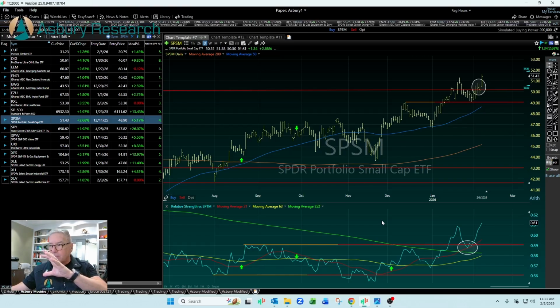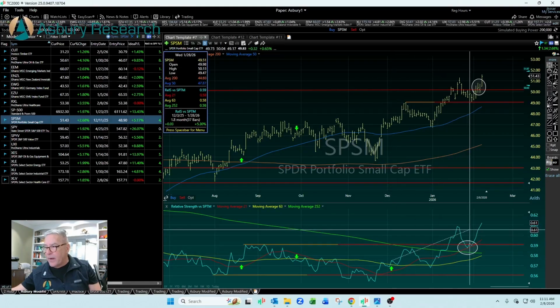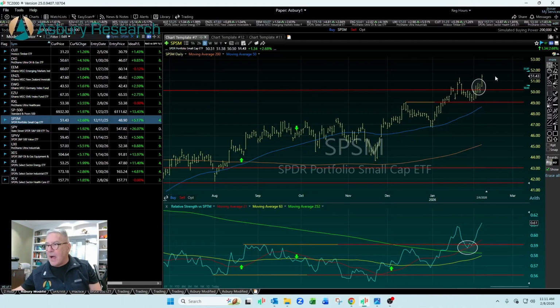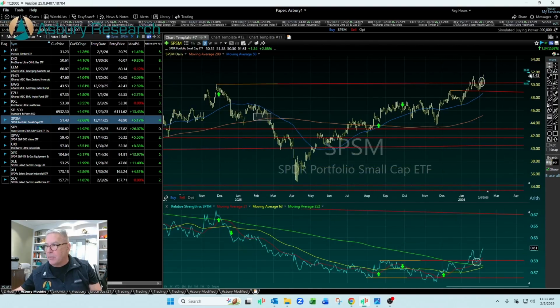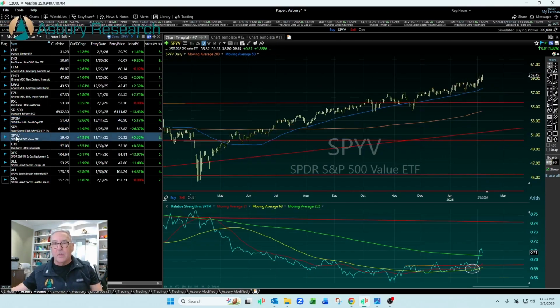So this has been outperforming, green arrow down here. It's outperformed the S&P since 12/3 by 6.5%. And now it is also breaking out to new all-time highs.